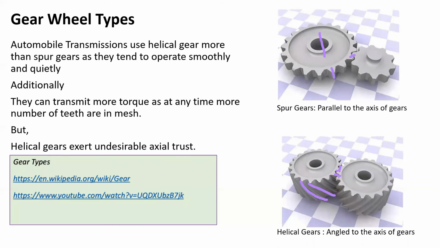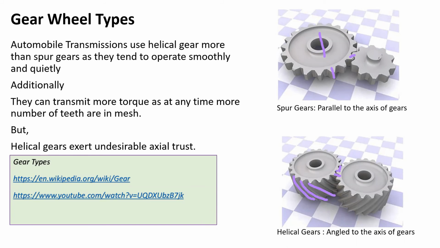Over here one tooth, and below another tooth is in contact. And since these helical gears are cut at an angle, the thickness of the gear wheels will be reduced, right? So more and more vehicles are nowadays using these.